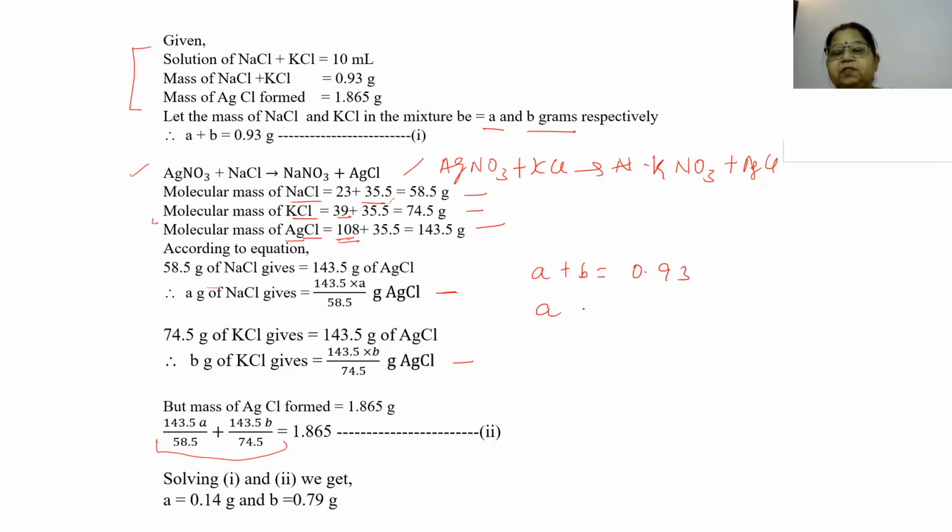So therefore, A will be equal to 0.93 minus B. Now substitute the value of this A in equation 2 and get the answer. Is it clear? Yes, ma'am. What about Ritika and Shweta?